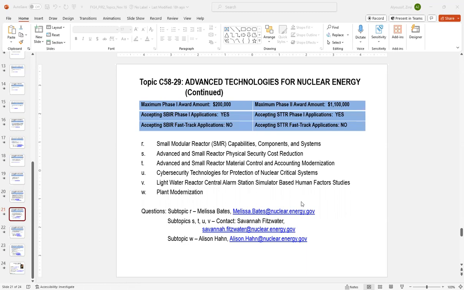Thank you. There's a question, plant modernization. There are 3 bullets mentioned in this topic and subtopic. The subtopic states to achieve this mission in the nuclear power industry, applications are sought in one of the following plant modernization areas.